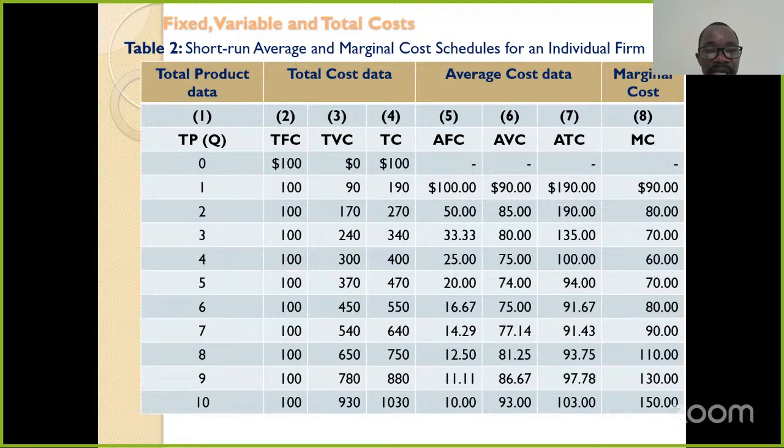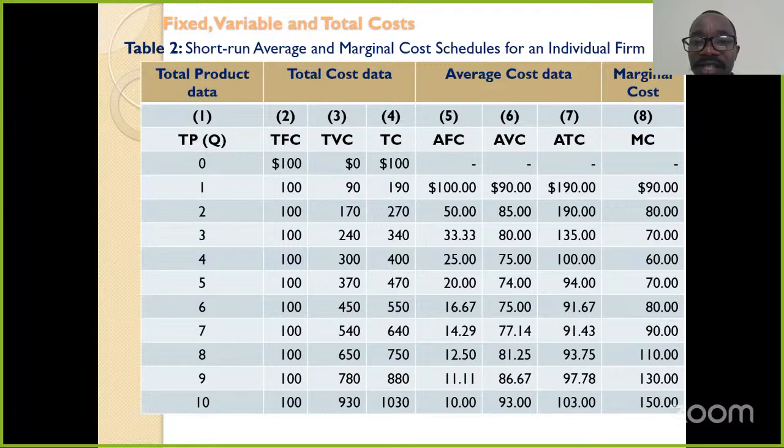As you can see, we have 100 US dollars throughout, so it's fixed. Then we have column 3, total variable cost, and column 4, total cost, which is the addition of total fixed cost and total variable cost. Then we have the average cost data.